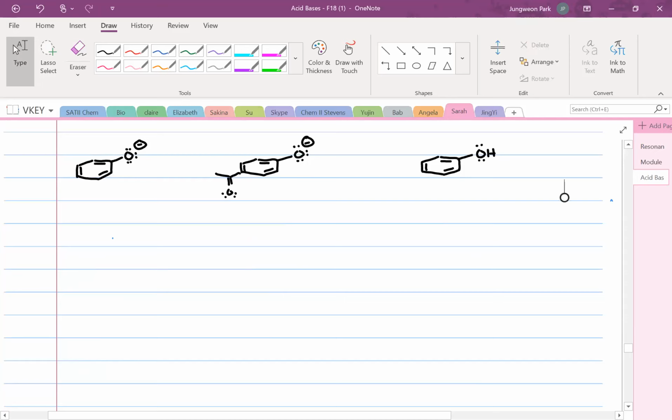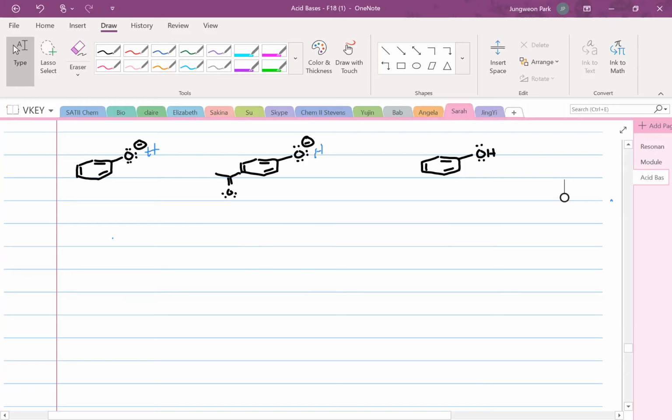Let's try that one now. Okay. For neutral charges and acidity, that's the most acidic, or should I just?